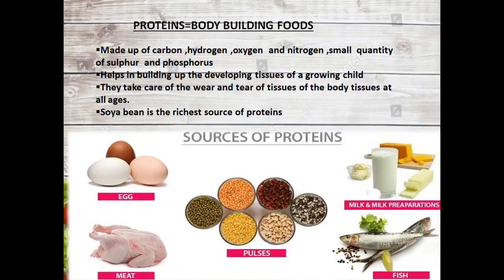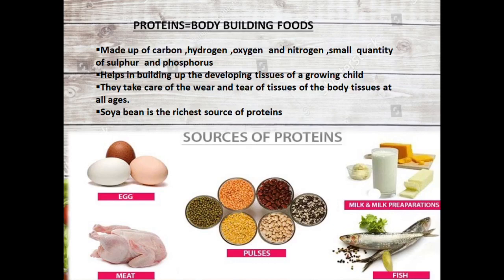Next comes the body building foods, that is the proteins, which are made up of carbon, hydrogen, oxygen, nitrogen, and even they contain a small amount of sulfur and phosphorus. So basically you have already seen in the activities various sources of protein. So pulses, egg, milk and its derivatives, fish, meat, that is the source of proteins. What is the main function of protein?